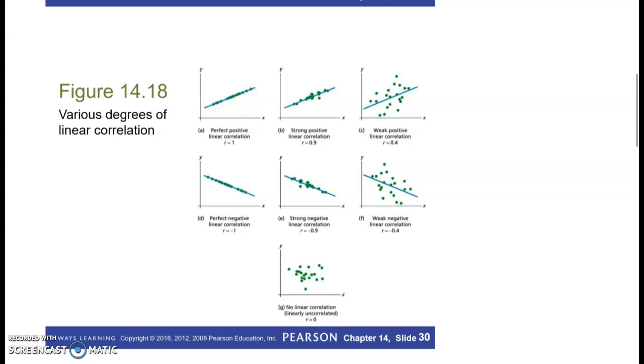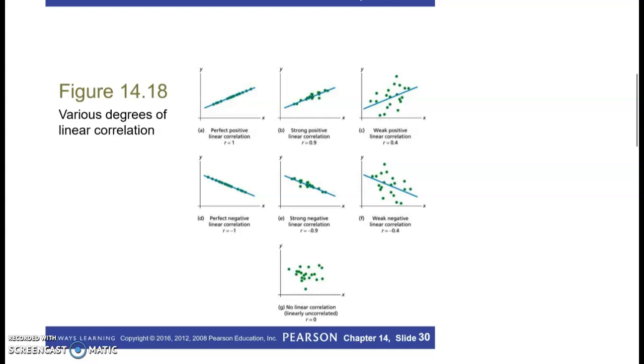One thing to keep in mind, whether it's negative or positive, is that it is going to correspond directly to the slope of your regression equation. Because if you have a negative slope, you are going to automatically have a negative correlation. If you have a positive slope, you're going to have a positive correlation.